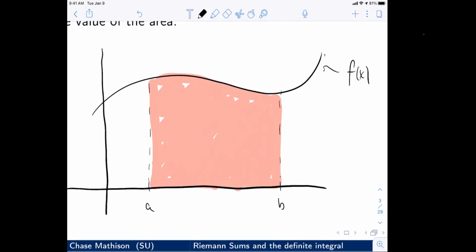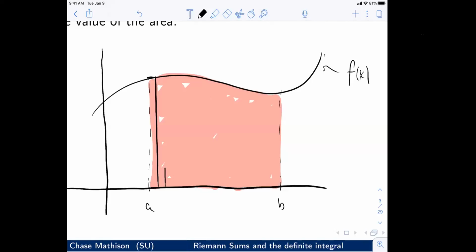So the idea is, again, I know I sound like a broken record, but it's important to remember what the idea is. The idea is that we're going to use 1,000 or 1,000,000 or 1,000,000,000 little rectangles to approximate the area here. So instead of finding the area of some curved object, we're going to find the area of a bunch of little rectangles.